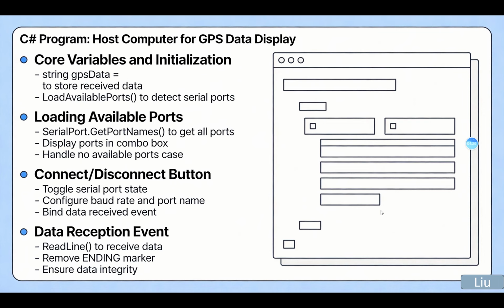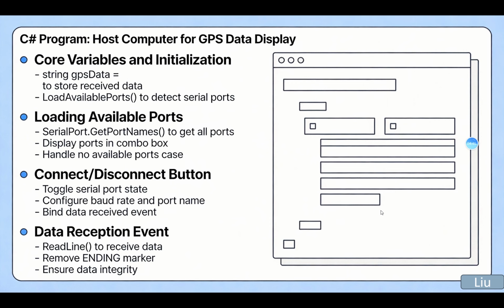And the C# program, the host computer for GPS data display: the core variables and the initialization, a string GPS data to store received data, and loading available ports. SerialPort.GetPortNames gets all the ports and displays the ports in the combo box, and handles the no available ports case.